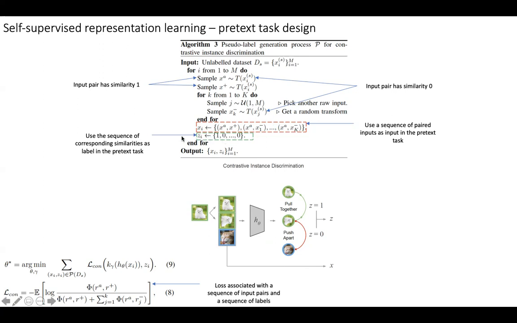So the final input and label data pair for this pretext task is a sequence of image pairs and a sequence of pair labels.